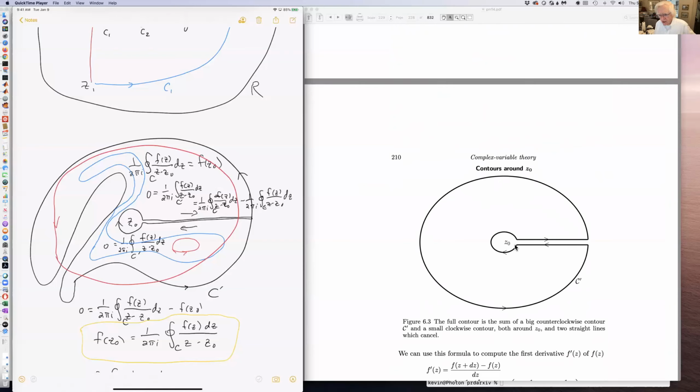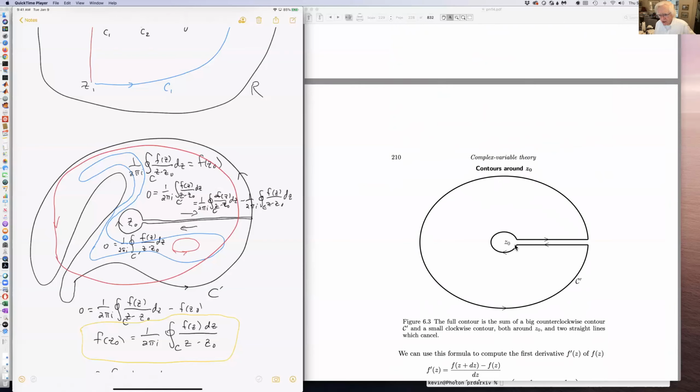And so that tells us that the integral around C is the same thing as the tiny integral around z0 in a counterclockwise direction.